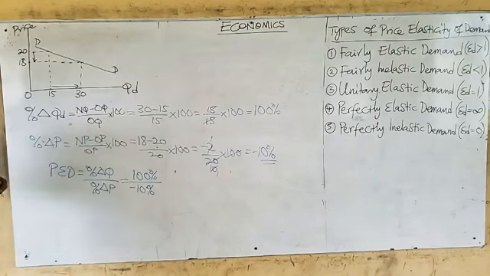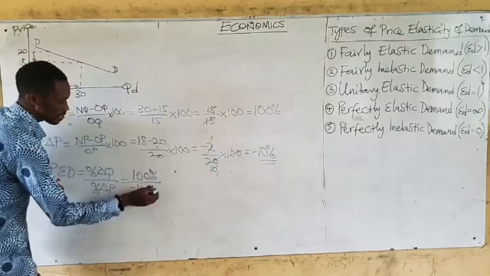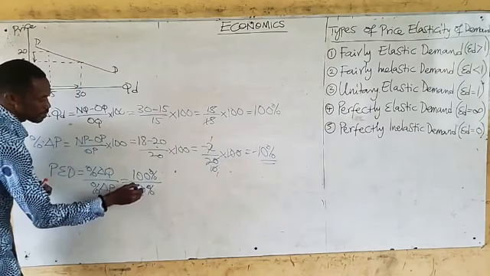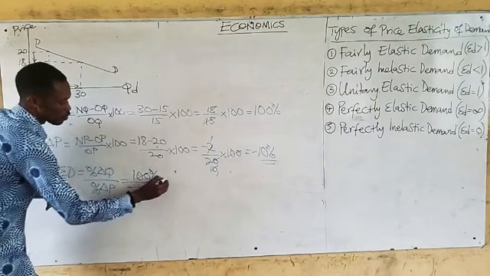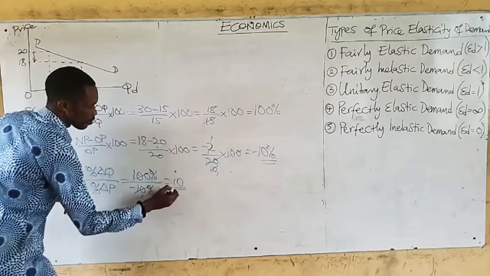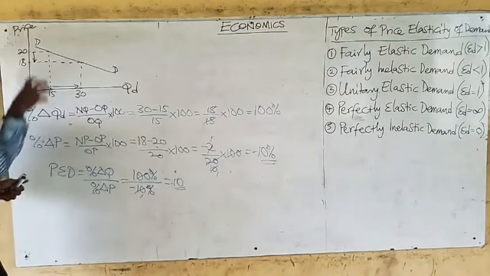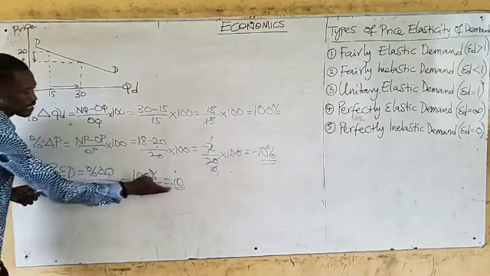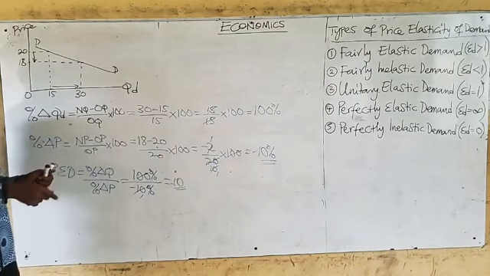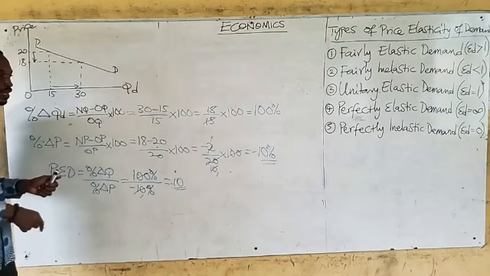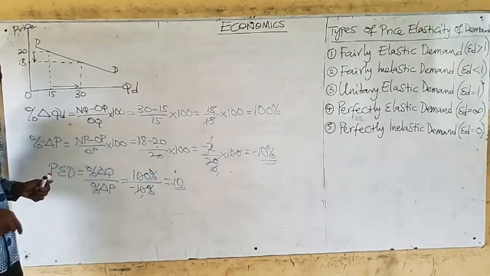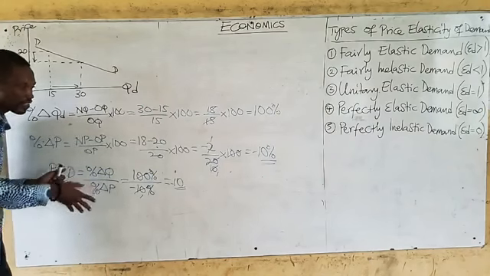That's what we got. Okay, so you cancel that. 10 will go into 100 ten times. So your final answer is 10, which is minus 10. So the price elasticity of demand, when you calculate this one, you are going to get 10. In fact, when you use the proportional formula, you are going to get 10. We have used the percentage formula, we are getting 10.